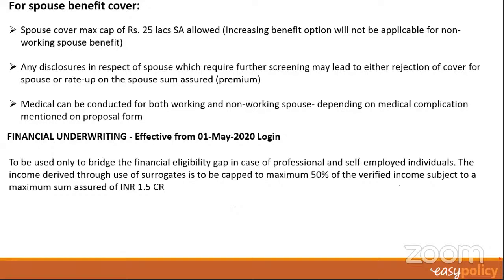So if a standard income is, let's suppose, 4 lakhs, then we can consider financial surrogates for up to 50%, that is 2 lakhs. So if proper surrogates are given, the actual annual income that can be considered is 6 lakh. Based on the 6 lakhs, the financial eligibility can be obtained.